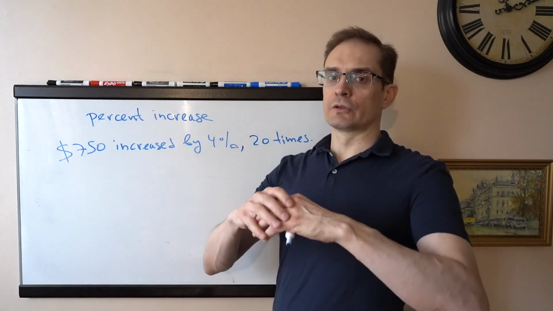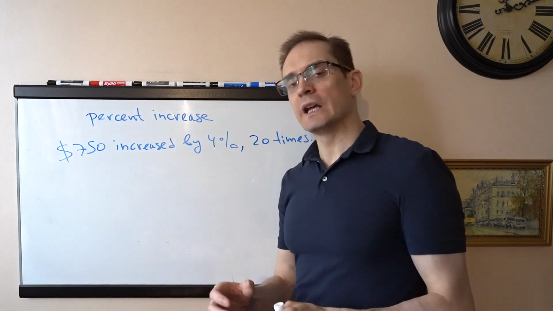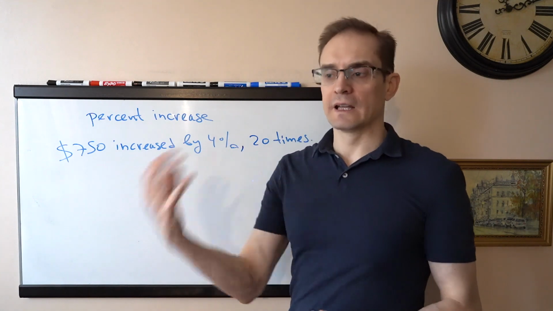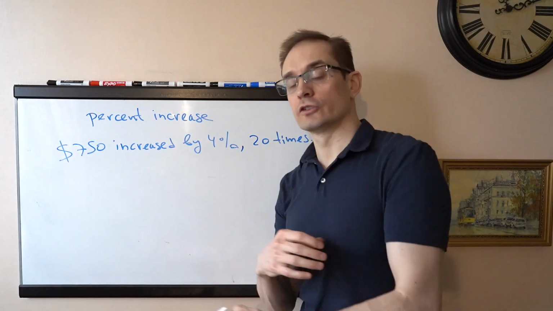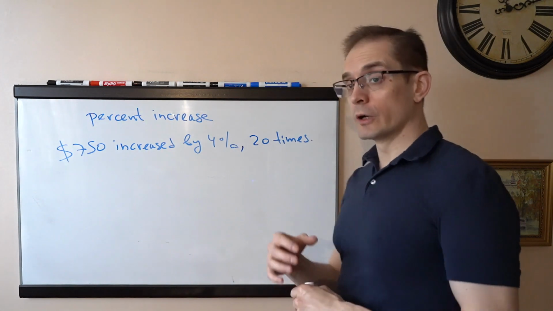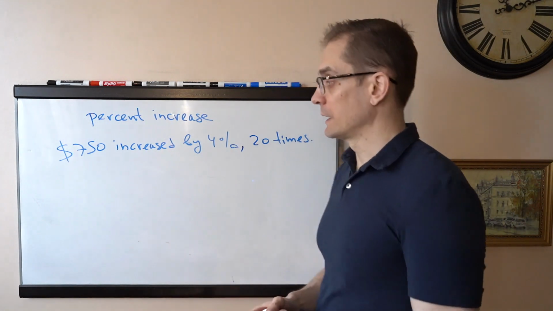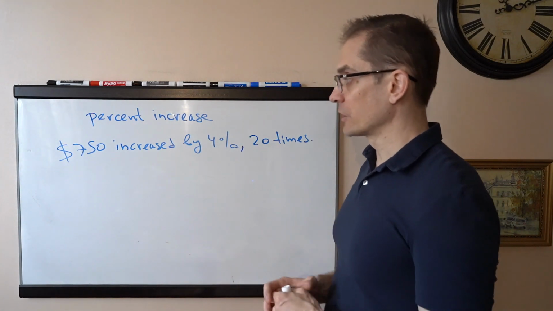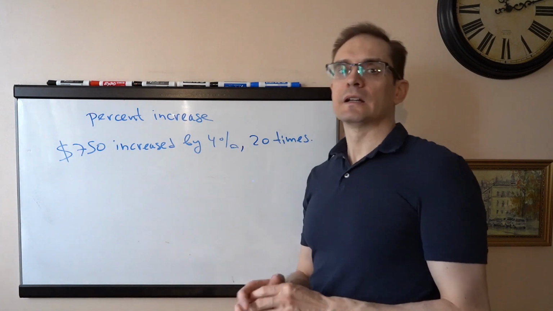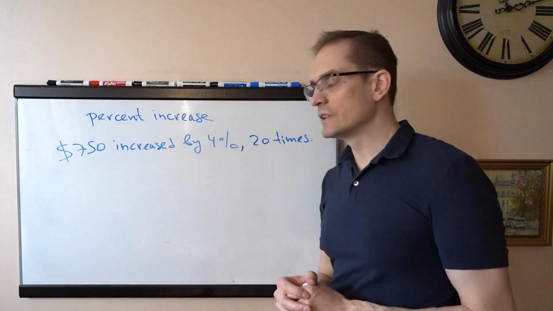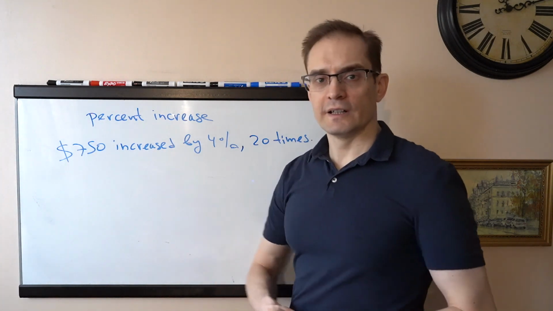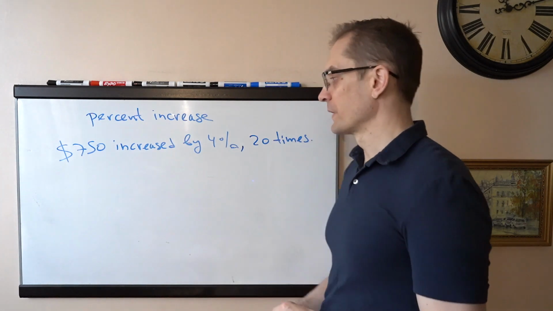Then I have to use that 780 as my new base. Again, find 4% of that, add it on top. Again, I'll find 4%, add it on top. So it will have to go for 20 iterations. And definitely that's not a good idea, because 20 times is not really that many. In compound interest problems, you will see that we'll have 80 times or 100 times or even thousands of times.